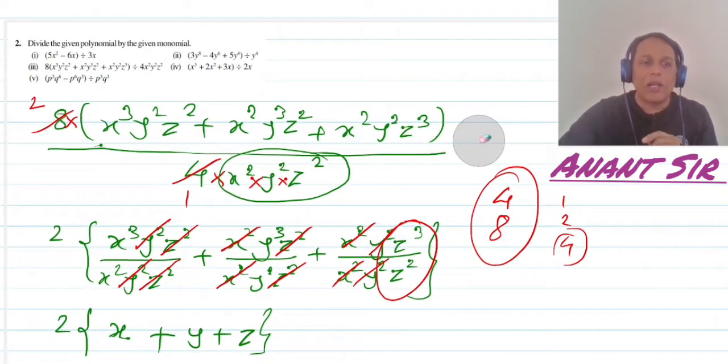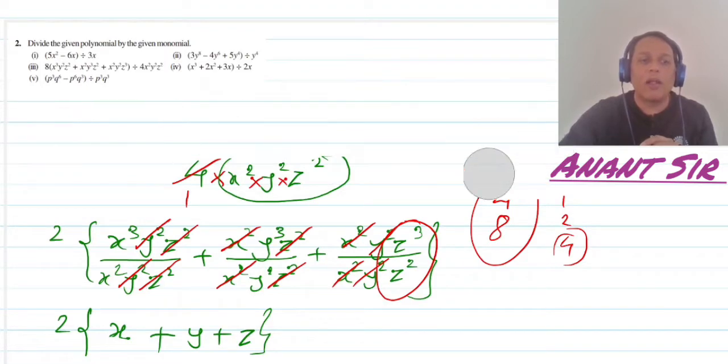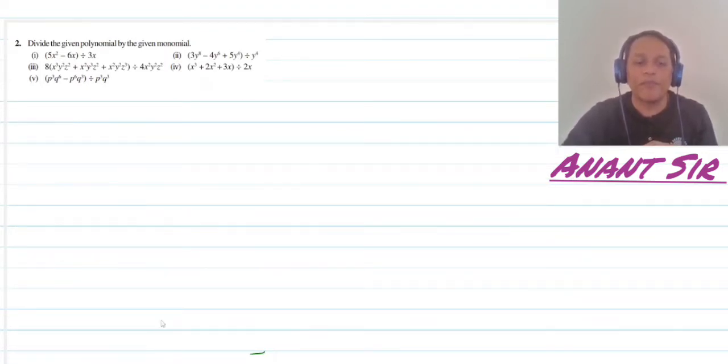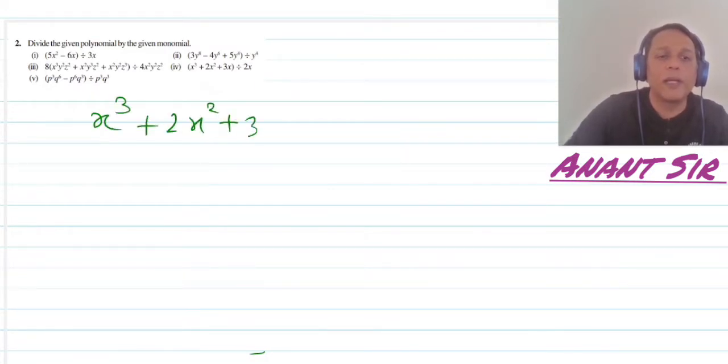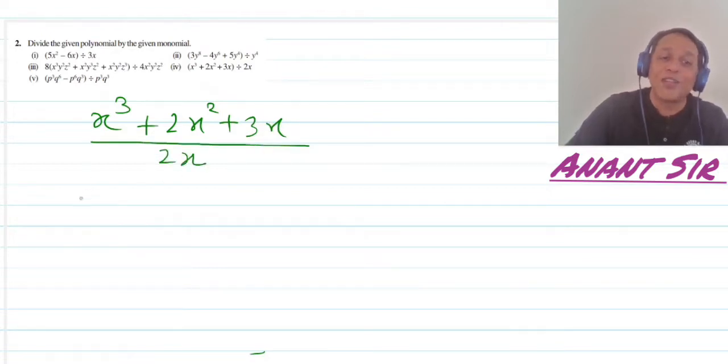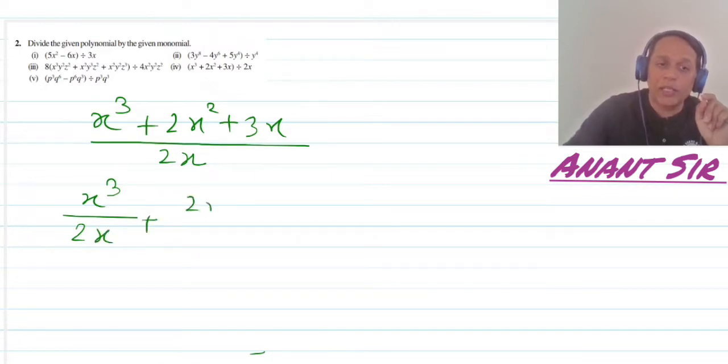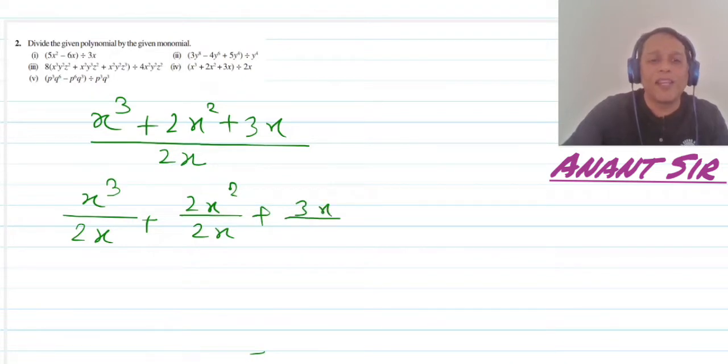So let's move on to solve now question number 4. So it's very easy again. X cube plus 2x square plus 3x whole divided by 2x. So we have to separate, always remember that, x cube by 2x plus 2x square by 2x plus 3x by 2x.